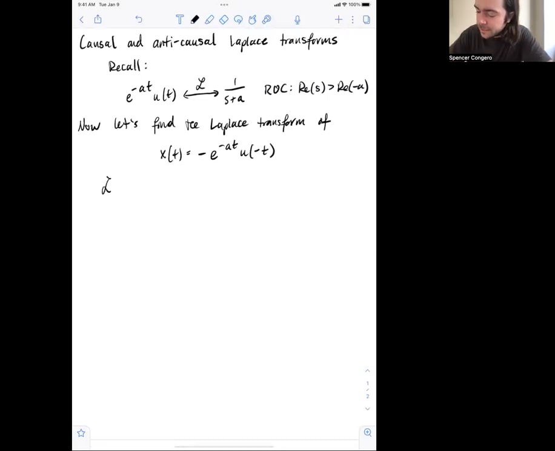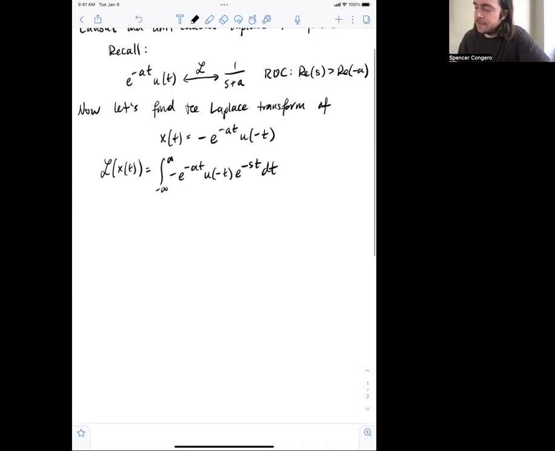All right, so the Laplace transform of x of t, we know what it is. It's the integral of our x of t function times e to the negative st dt. Okay, now what can we do? Well, I'll take the negative outside, and then this unit step of negative t, u of negative t, that's just a unit step function flipped across the vertical axis.